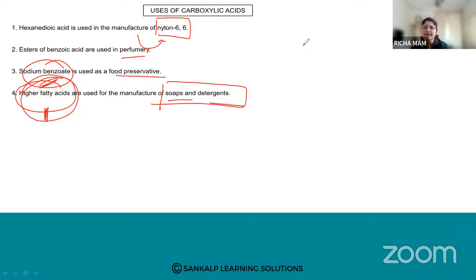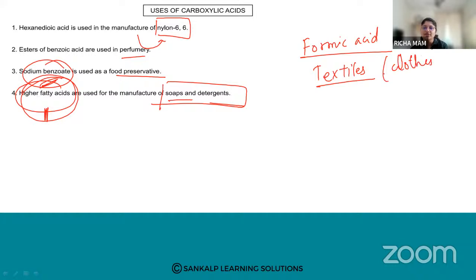Then methanoic acid, that is formic acid, is used in textiles, meaning in the manufacturing of clothes, then leather, and dye.